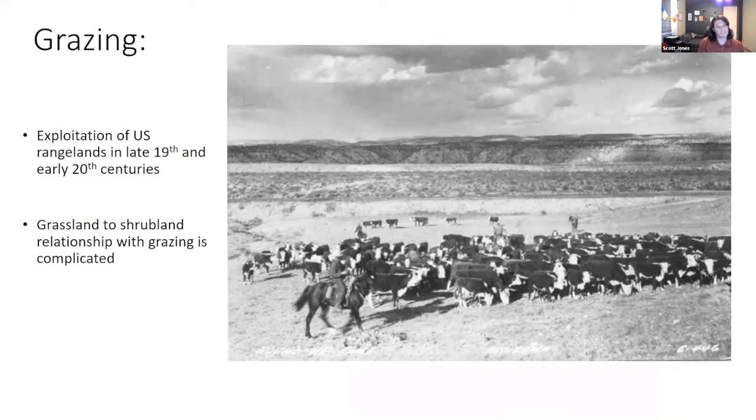It was seen at the time that the West was just limitless and we could overexploit the resources. Then around the 1930s, we really started to see a crash in these systems. You saw decreases in grass. That led to the passing of the 1934 Taylor Grazing Act, which started to set limits on the amount of cattle you could have on the landscape per area.